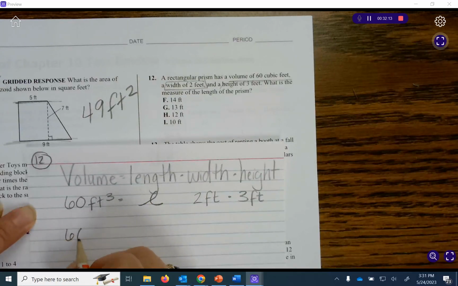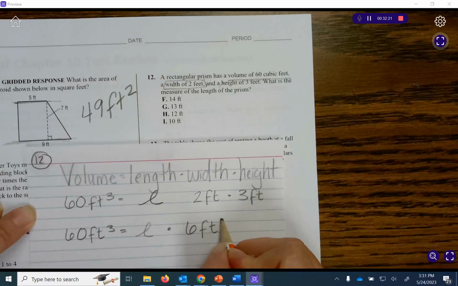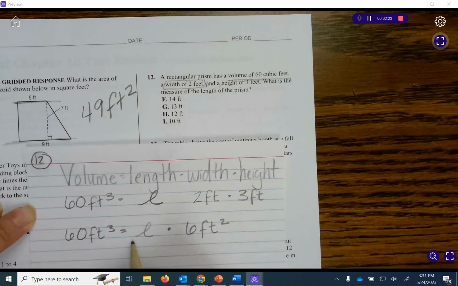So I have 60 feet cubed equals the length times 6 feet squared. Now I'm going to divide by 6 feet squared. That cancels it out, and L equals 60 divided by 6 is 10.